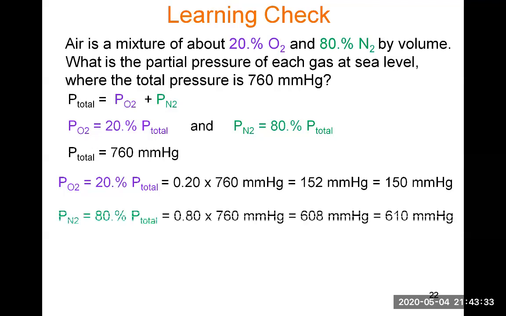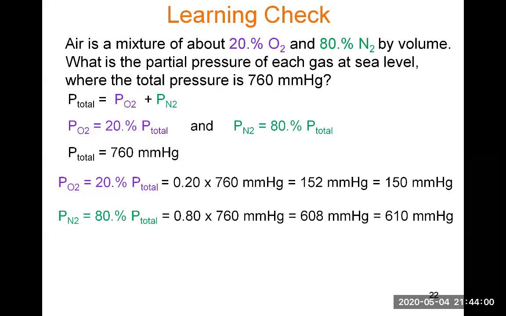Let's calculate the partial pressure of nitrogen. It's 80% of the total pressure. So 80% divided by 100 is 0.80, changing the percentage into a decimal. So 0.80 times the total pressure of 760 millimeters of mercury.